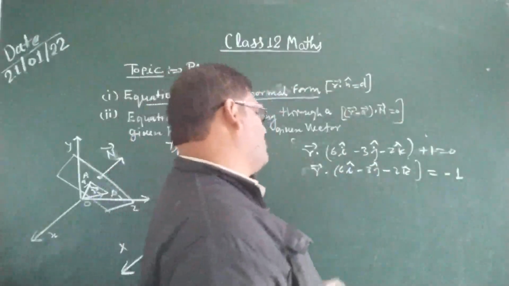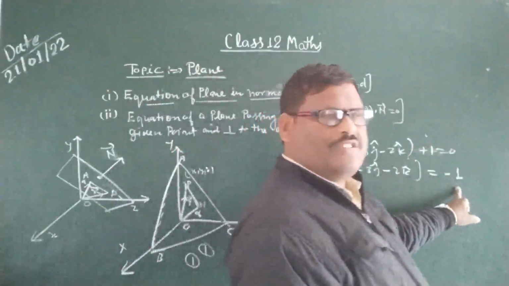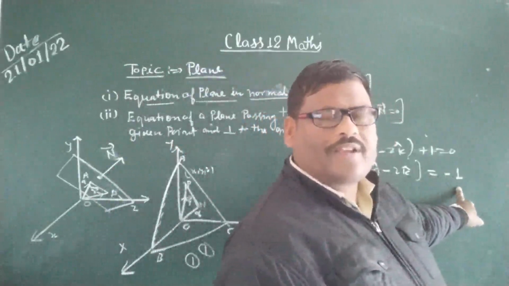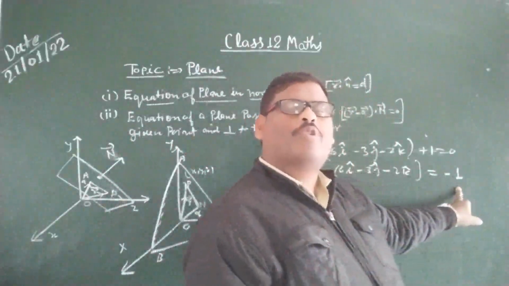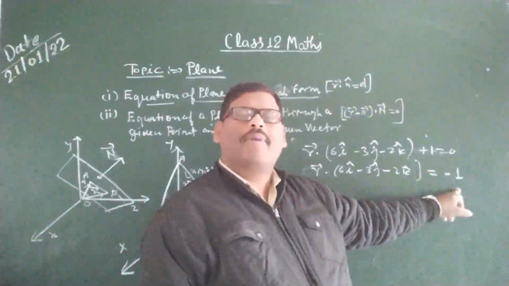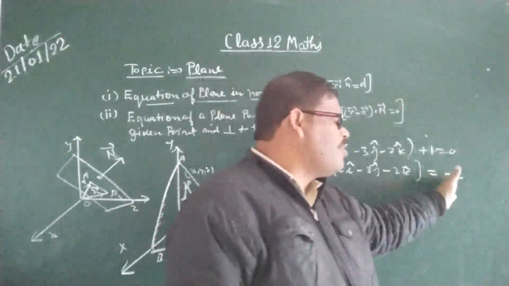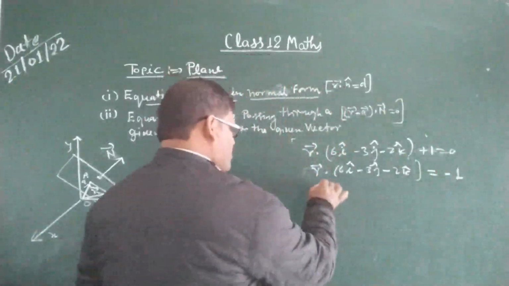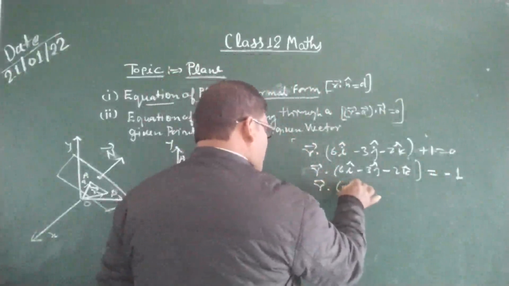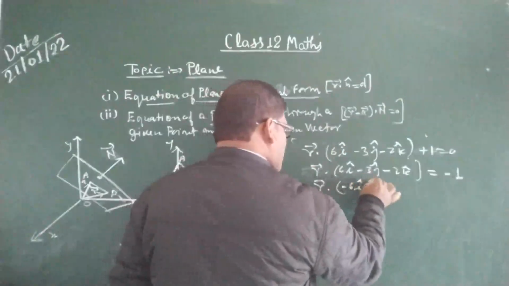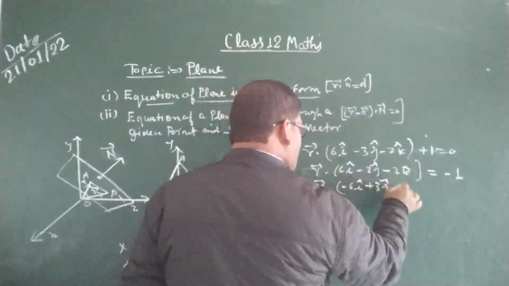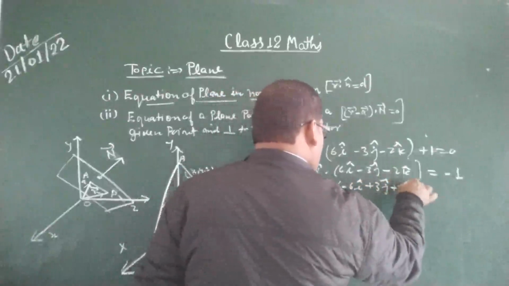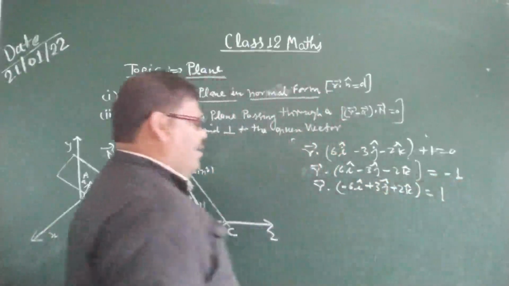Now, as you know, d is a perpendicular distance of the plane from the origin, so it cannot be negative. Therefore, multiplying by minus 1 on both sides, it becomes positive. This implies r dot (minus 6i cap plus 3j cap plus 2k cap) is equal to 1.